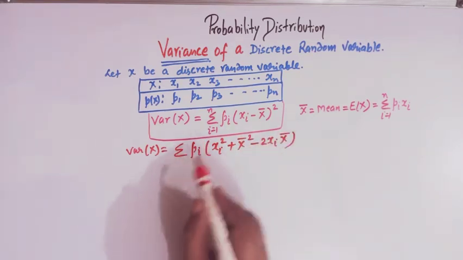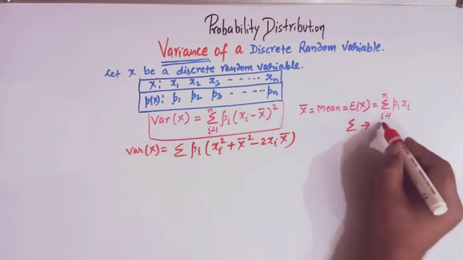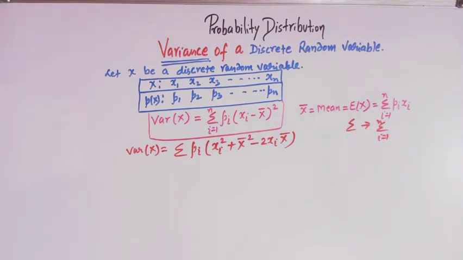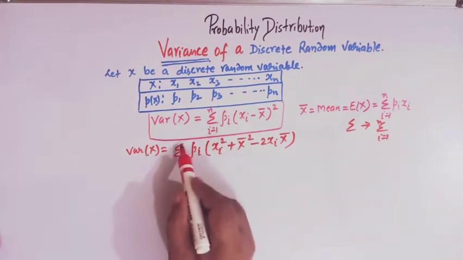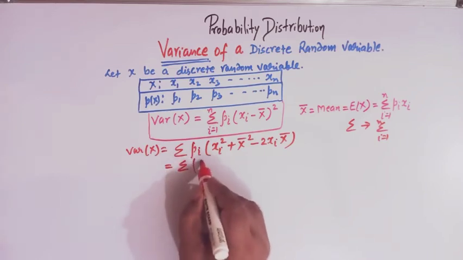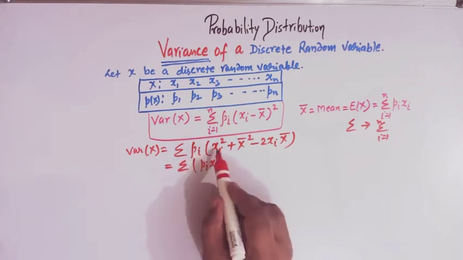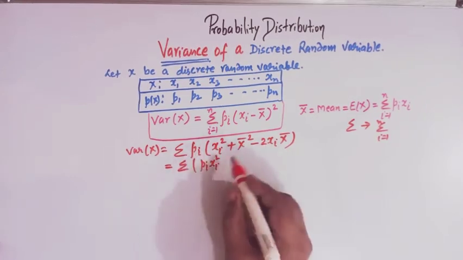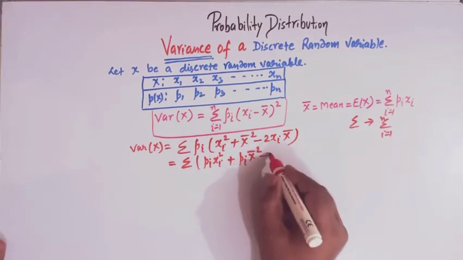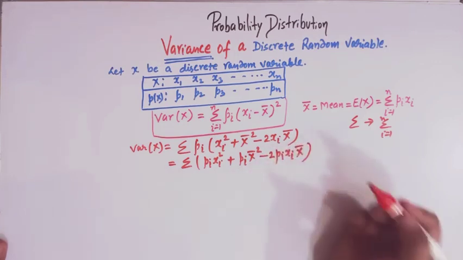Here the sigma sign implies sigma i equal to 1 to n, so for convenience we are writing simply the sign sigma. Now this can further be written as pi xi square, multiplying these three terms by pi, we have pi x bar square minus 2 pi xi x bar.